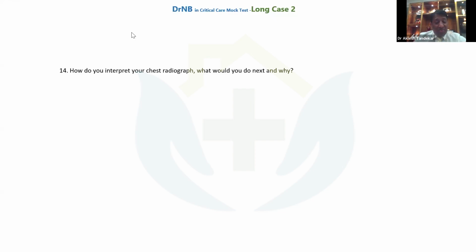What other options do you have for NDM organisms? Aztreonam and or colistin. Colistin. Good. How long would you like to continue these antibiotics? Ideally 7 to 10 days, but if there is an empyema, then I will go for 14 days.